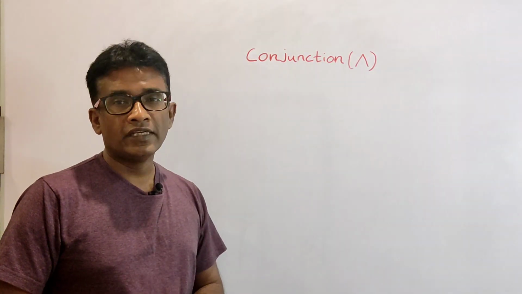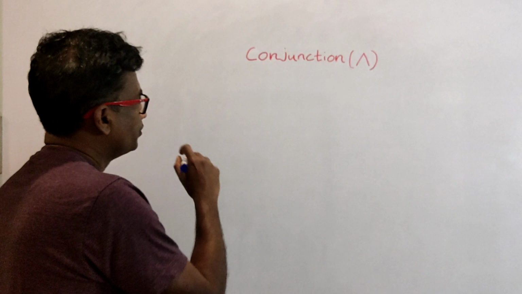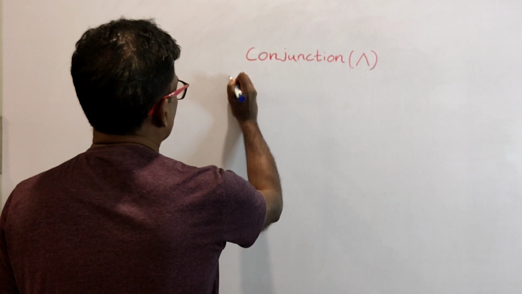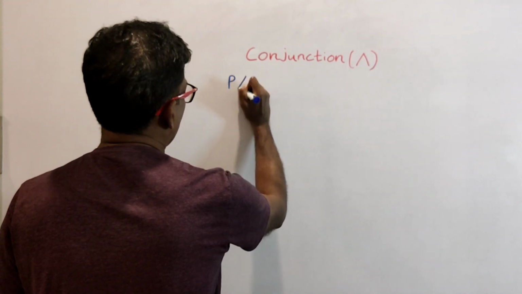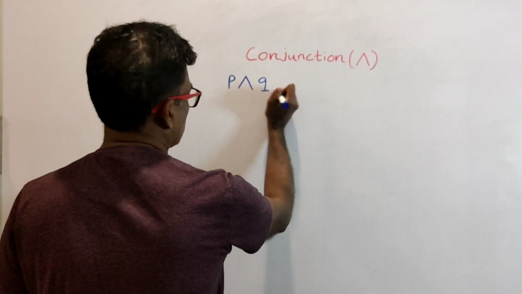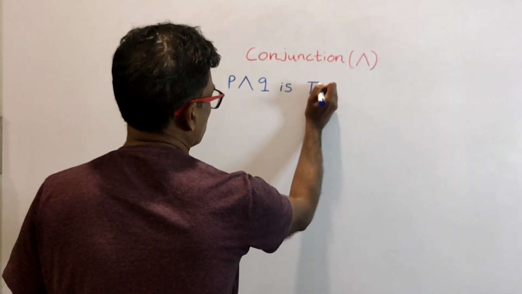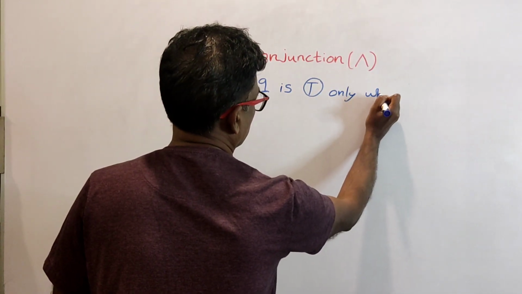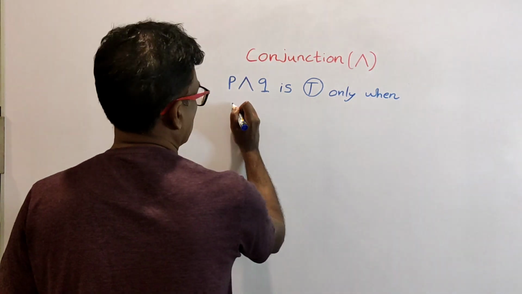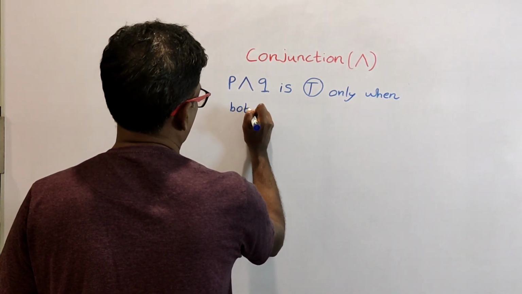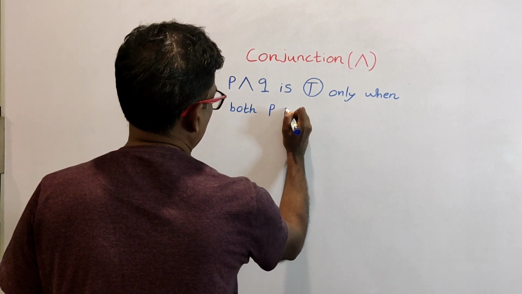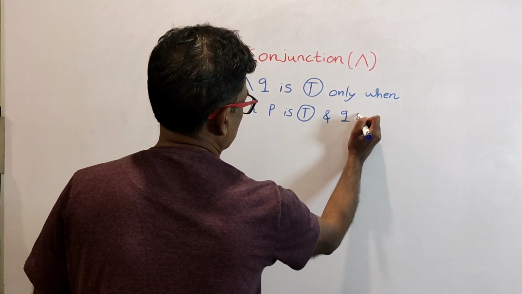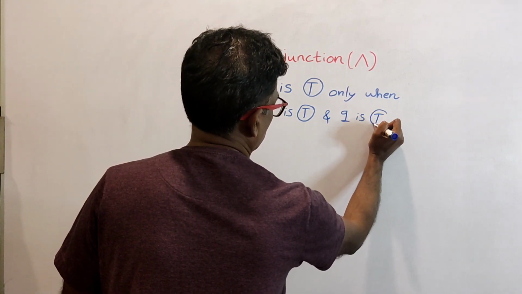Next, we are going to look at conjunctions. Now, this is the rule associated with conjunctions. P and Q is true only when both P is true and Q is true.